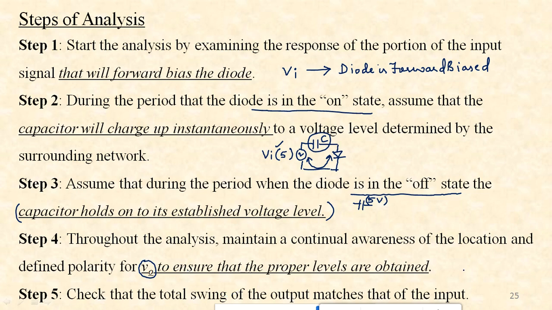As the previous slide mentioned, the meaning of this step is that the total swing of the input must be equal to the total swing of the output, provided there will be some additional DC shift, either up or down with respect to the horizontal axis. So these are the 5 steps. We'll try to understand the significance of these steps by taking a simple example.